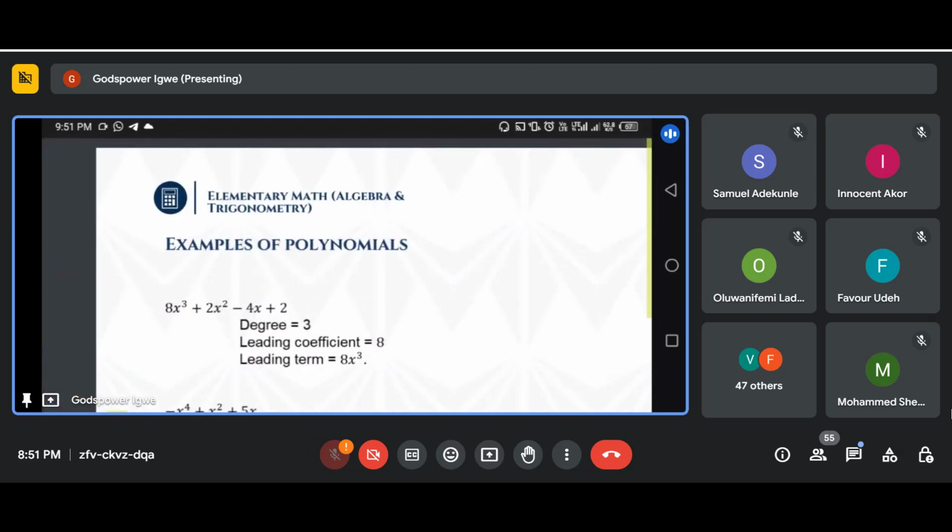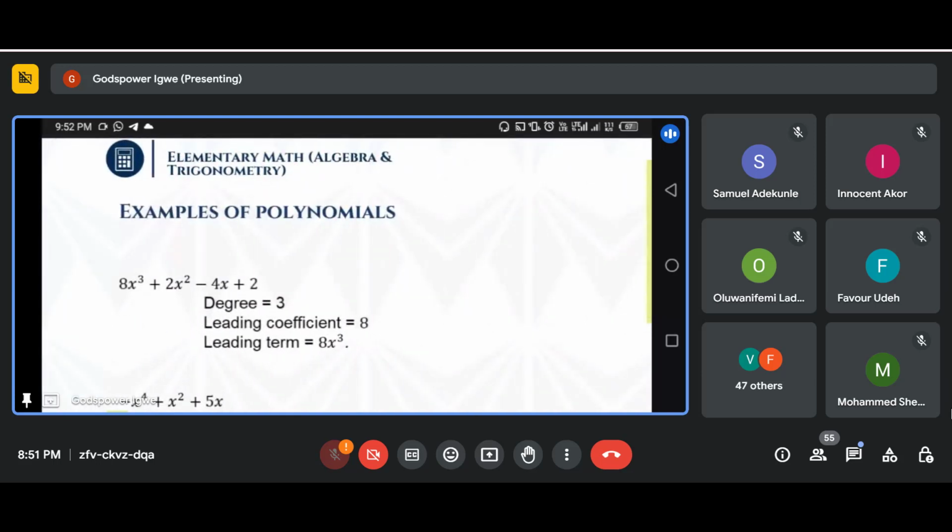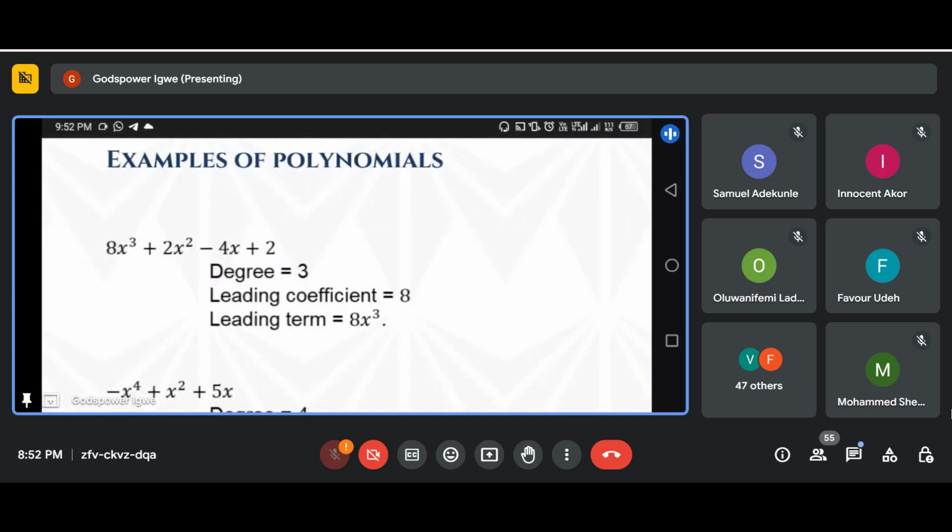Is this difficult if they ask you in your options, what is the degree of this? Just take the highest exponent of x, and the highest exponent of x there is 3. So it is a degree 3 polynomial.